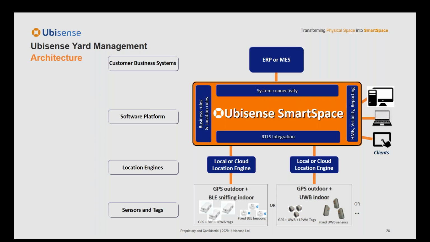If you remember, that's the three layers in the diagram where we saw the digital twin of the processes. This layer will connect at the bottom with the location system. On the right we'll be able to provide information to users, and we'll connect on the top to existing customer business systems: ERP, MES, quality systems, and many more.